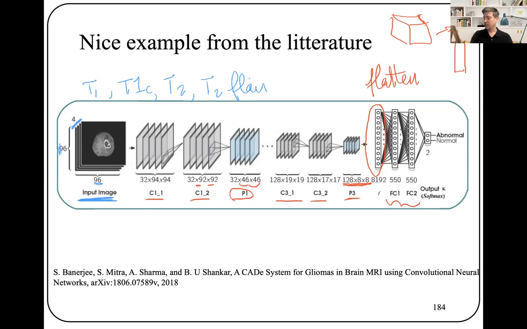And then we have 2 fully connected layers, and then we have a softmax, and we have our probabilities of the 2 classes. In this case, it is whether the image is of a healthy patient or whether the image has a tumor, a brain tumor, that is.